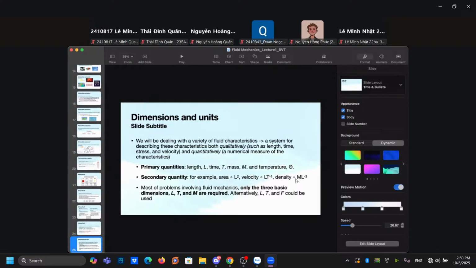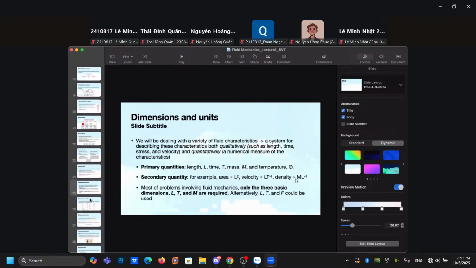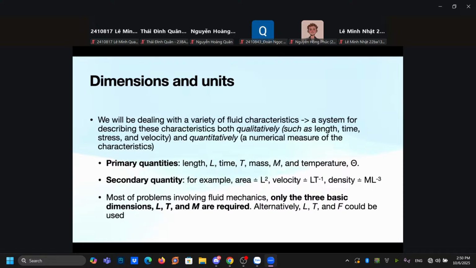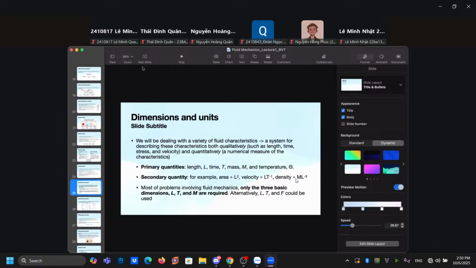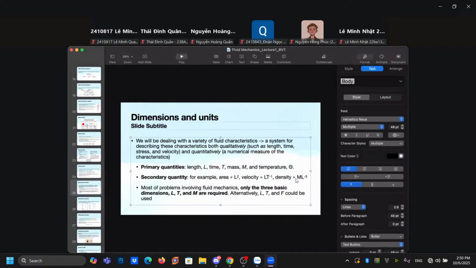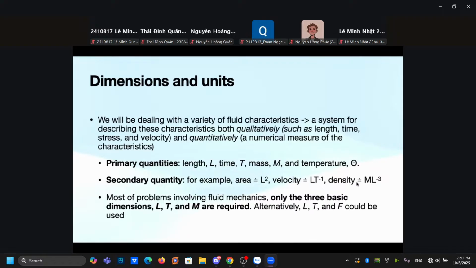Density is mass per volume, so that is big M, the mass, divided by volume.